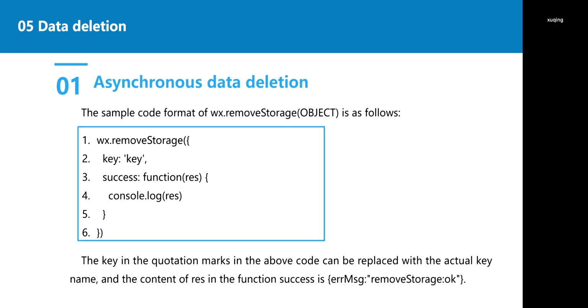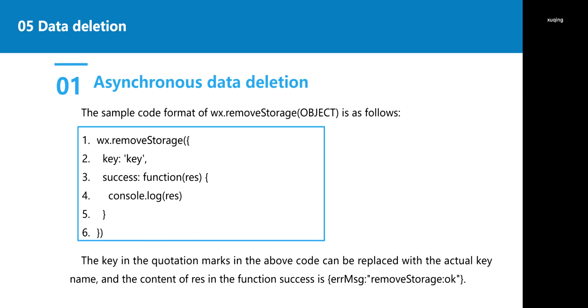Here we have a sample code format of wx.removeStorage. You see here we use the removeStorage function in WeChat with the key and success like this. The key in the quotation marks in the above code can be replaced with the actual key name.